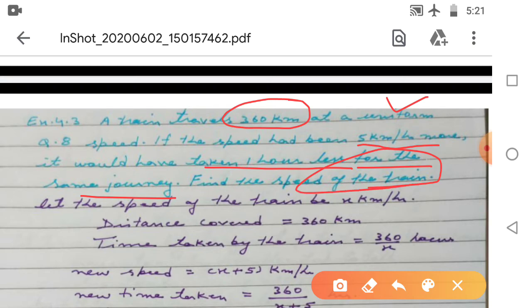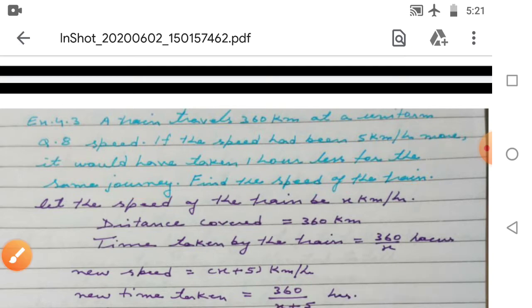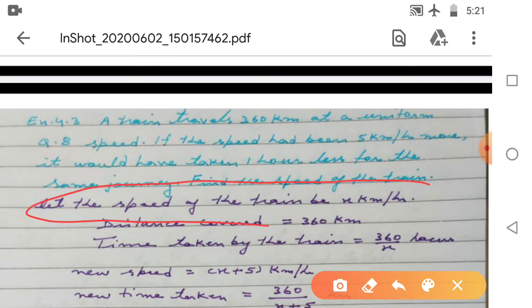So, we start our question from the last sentence, that is, find the speed of the train. So, we say let the speed of the train be x kilometer per hour, and the distance covered is 360 kilometer. So, what will be the time taken by the train?